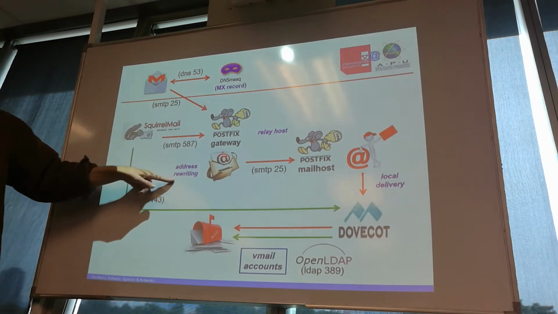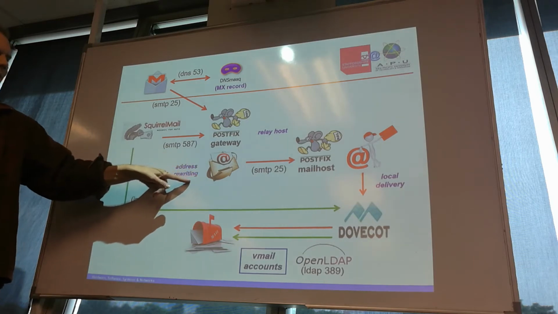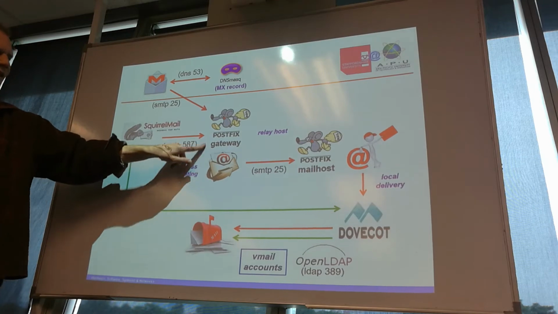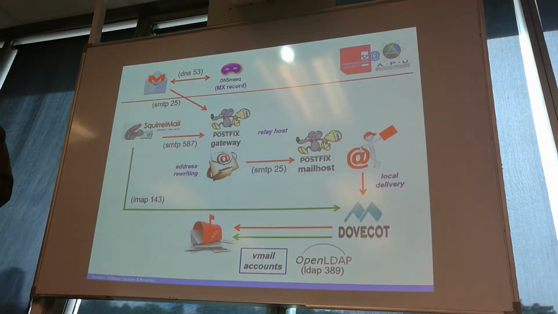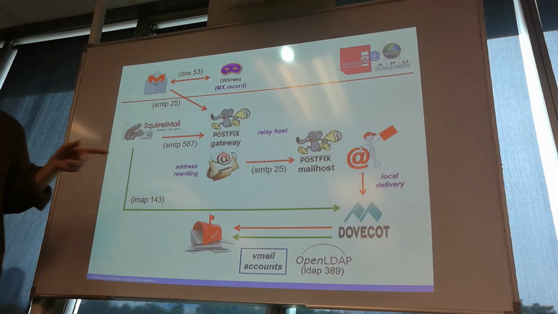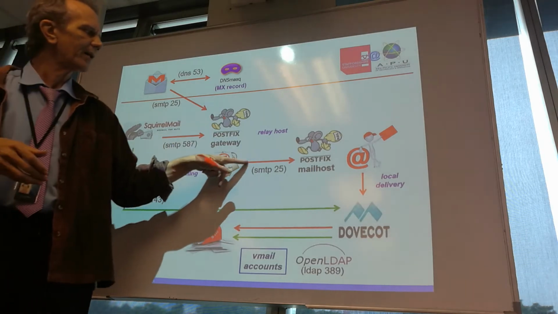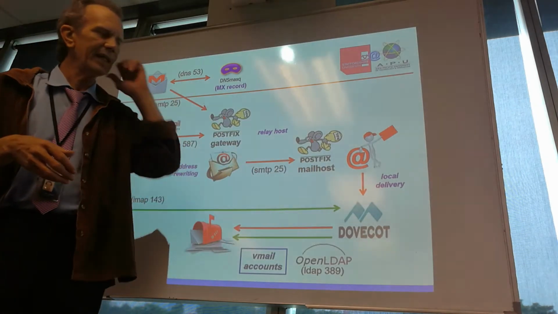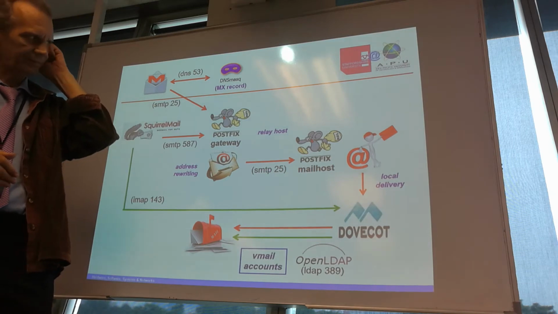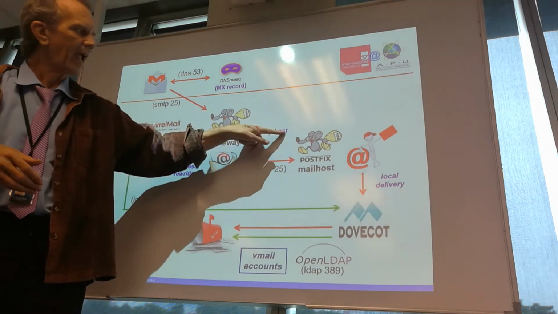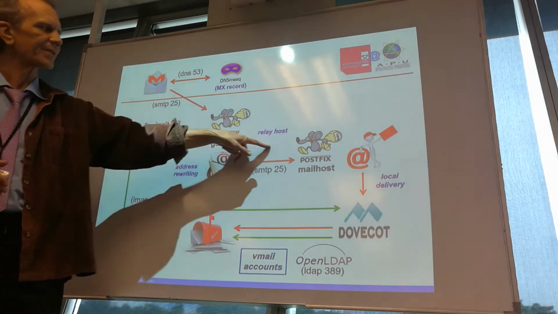We'll talk about that address rewriting in a minute, but basically what it can do is change the to address in the email. Then it's going to pass it across port 25 to the mail host. So Postfix is acting there as a relay host.